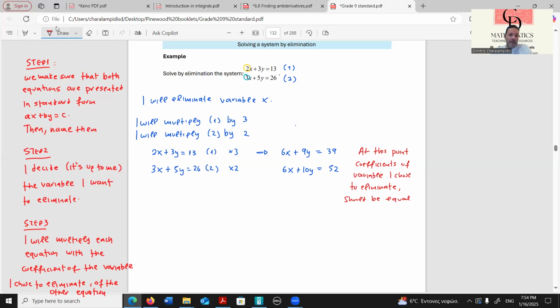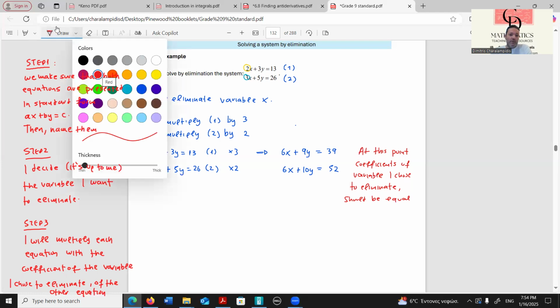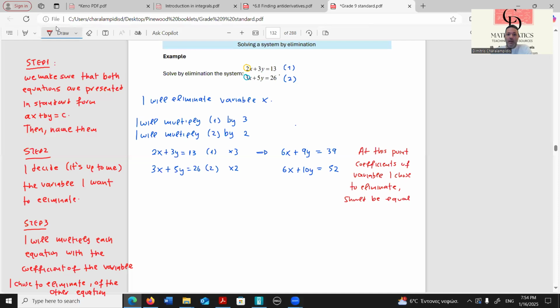Now, by keeping that in mind, I will move on to step number 4, in which I am going to multiply the second one by -1. Although this is not totally restricted, I could multiply any of them by -1, but it would be better if we just multiplied the second one.